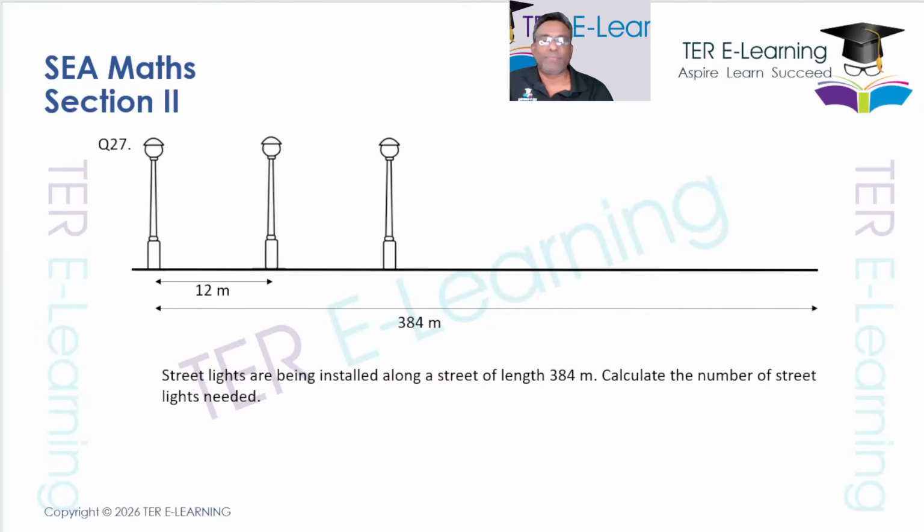Question 27. We have some street lights being installed along a street of length 384 meters. Calculate the number of street lights needed. So this is equivalent to those kinds of pole questions that you all see in the exam sometimes. How many street lights are required in this particular case to put along this street here that is 384 meters in length?